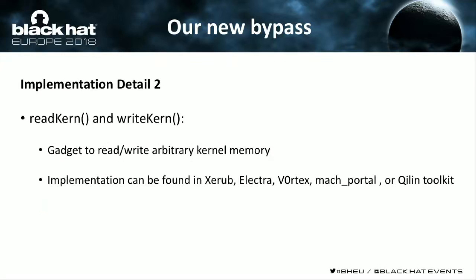The second detail in this code is that there are two functions called read kern and write kern. These two functions are used to read and write arbitrary kernel memory. Their implementation can be found in many other open source jailbreaks, for example, as I have listed here.